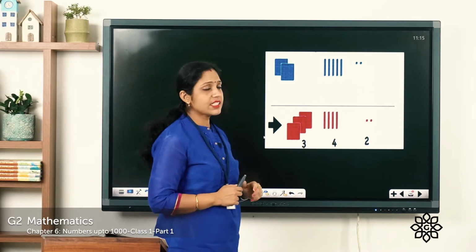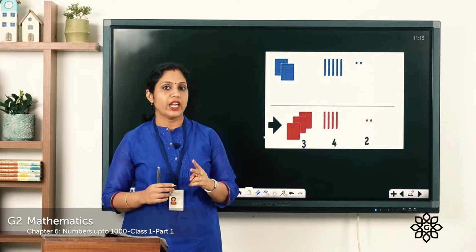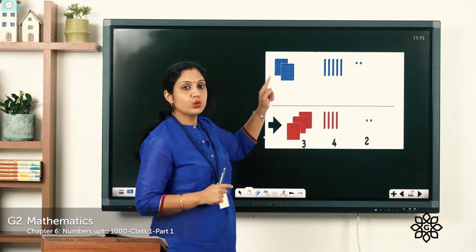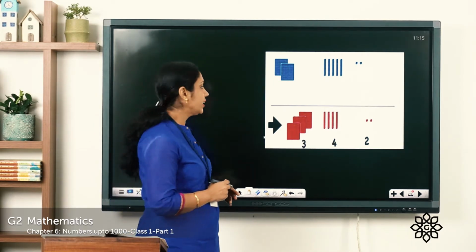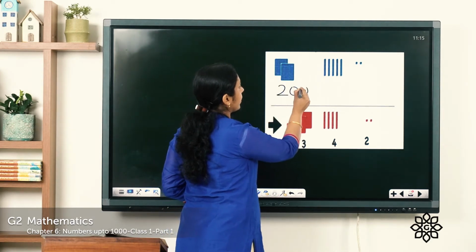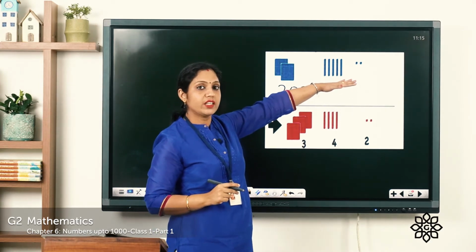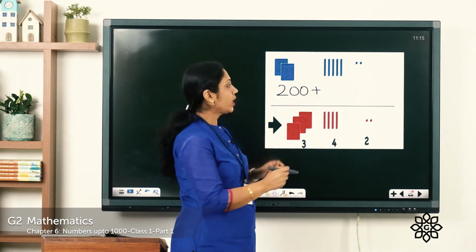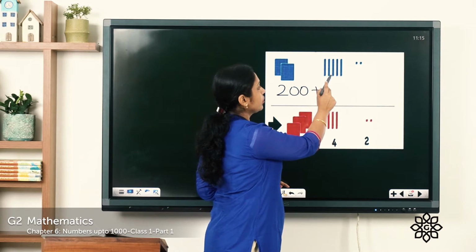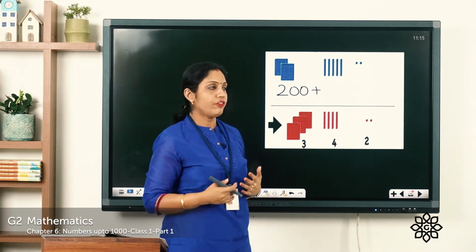So in this hundreds place, how many hundreds blocks are you able to see? You can see that there are 2 hundreds blocks. So how can we write it? We can write this as 200 plus, this is the tens place. How many tens blocks are there? 1, 2, 3, 4, 5 and 5 tens makes 50.